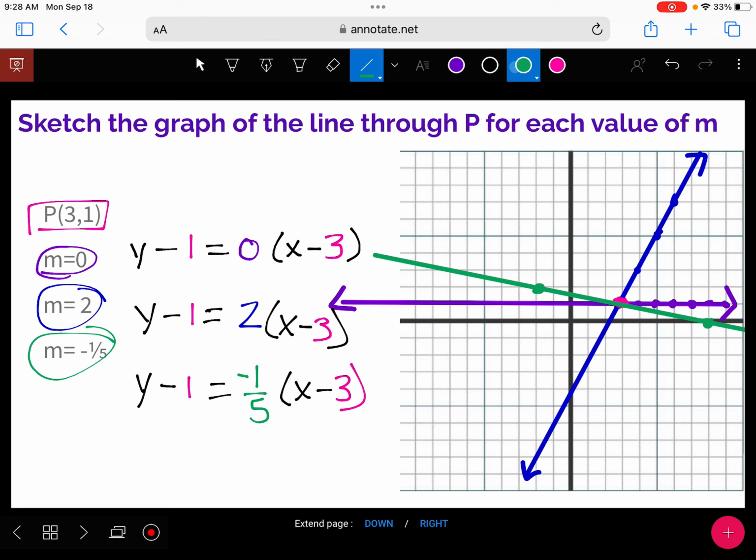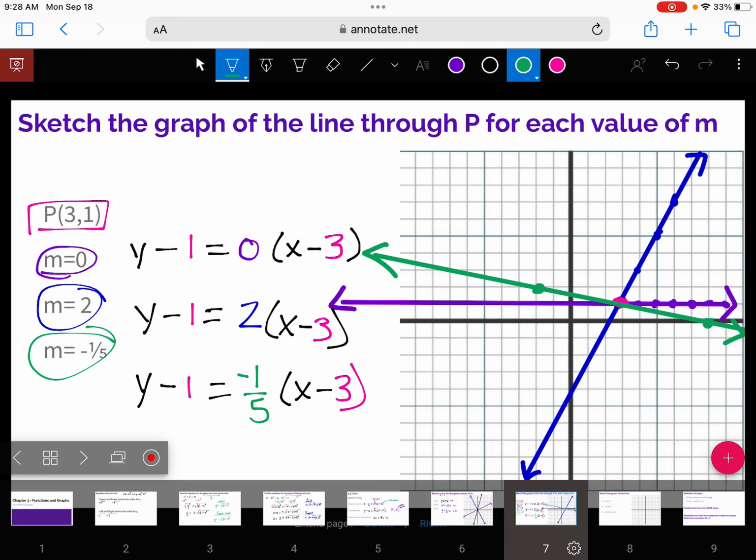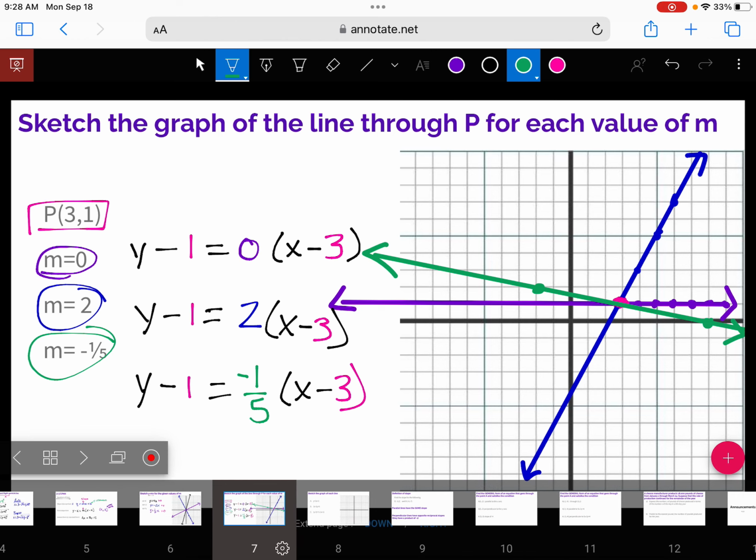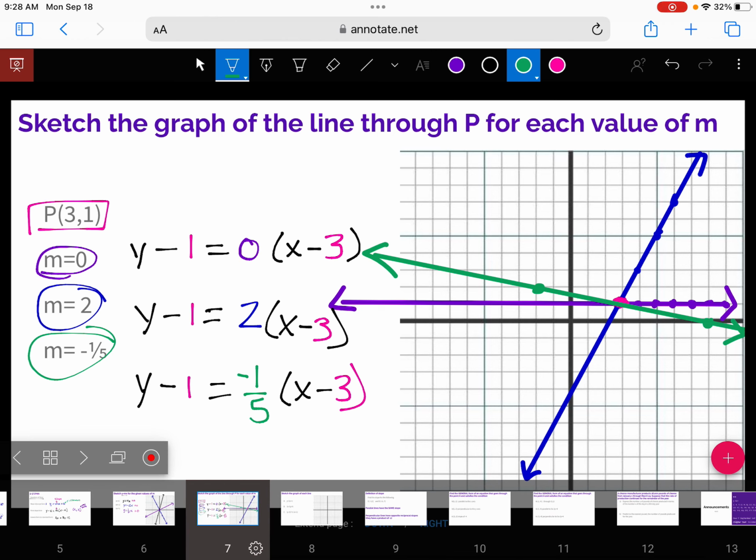One and 2/5. So with the point slope form, it's sometimes just easiest to take it as it is and take the point out of the point slope form and work with it there. Questions on our point slope form for that guy right there?